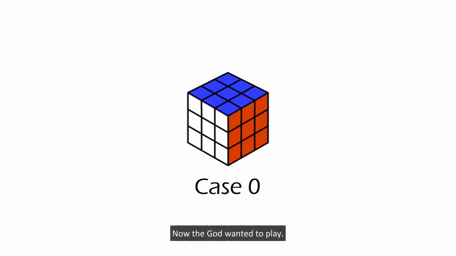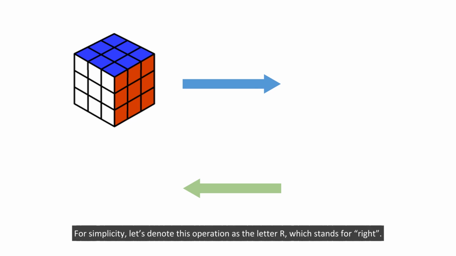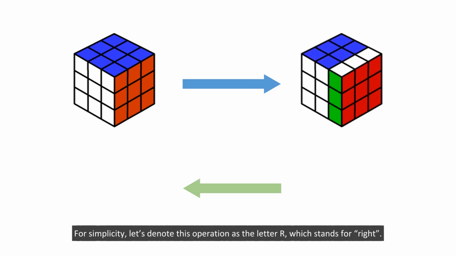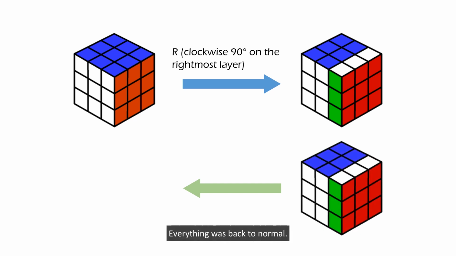And now God wanted to play. He turned the rightmost layer clockwise by 90 degrees, and he got another pattern. For simplicity, let's denote this operation as the letter R, which stands for right. That breaks the sense of unity, the beauty of the cube, so God wanted to move back. He turned the rightmost layer counterclockwise by 90 degrees, and it works.